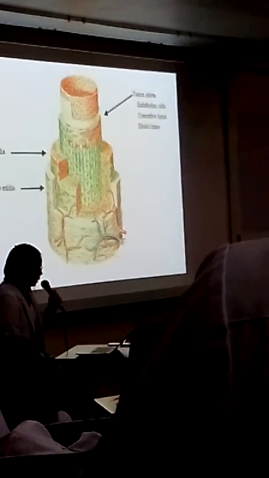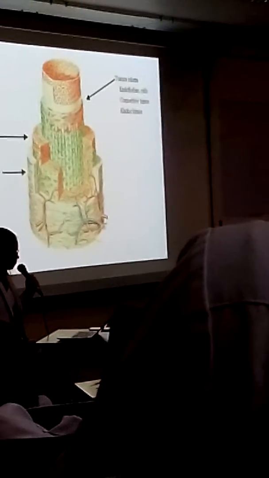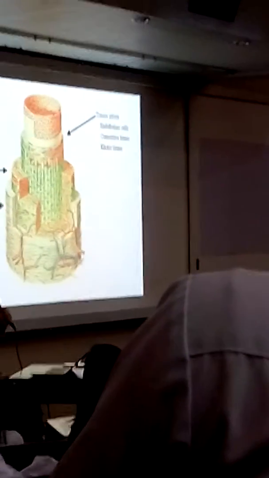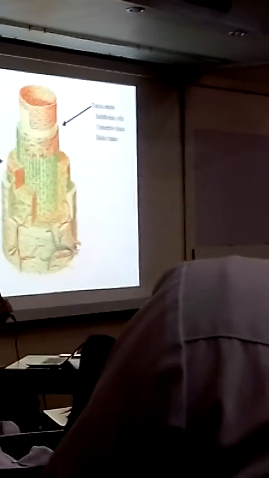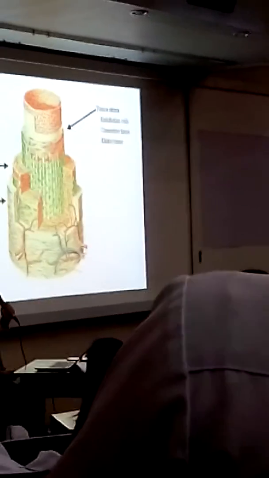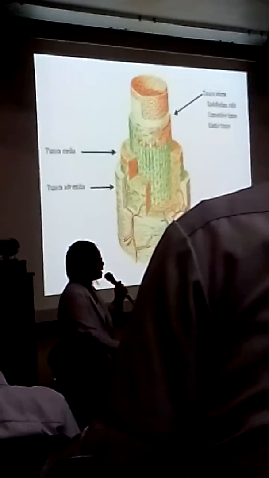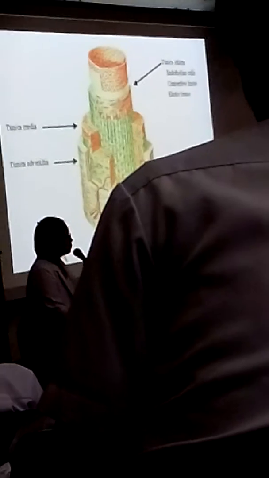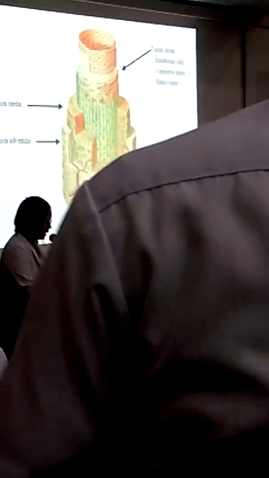An important structure found in your tunica intima is your internal elastic lamina, and it is the outermost component of your intima. A certain characteristic of the internal elastic lamina is that it has many fenestrations. What's the purpose of that? Okay, for diffusion of substances.